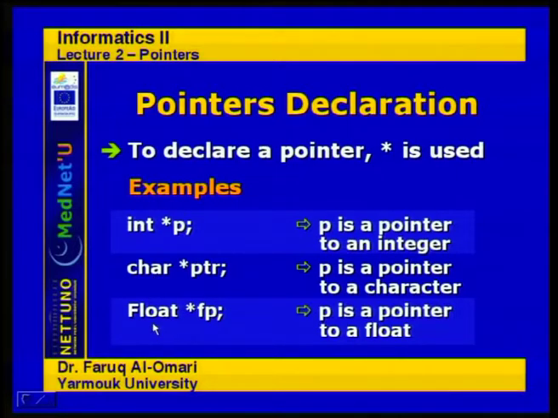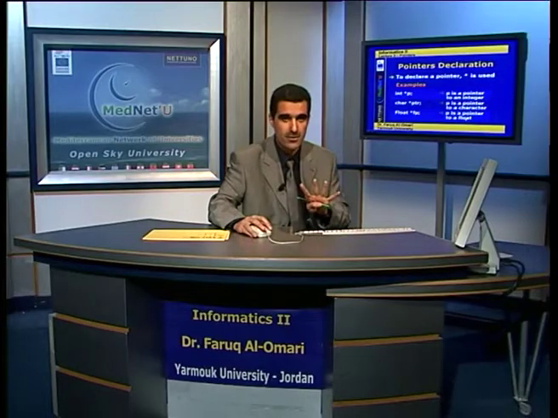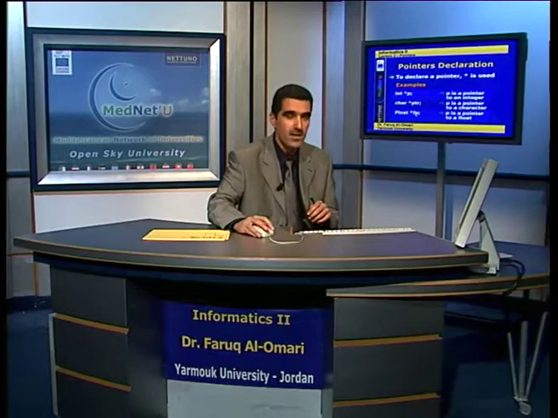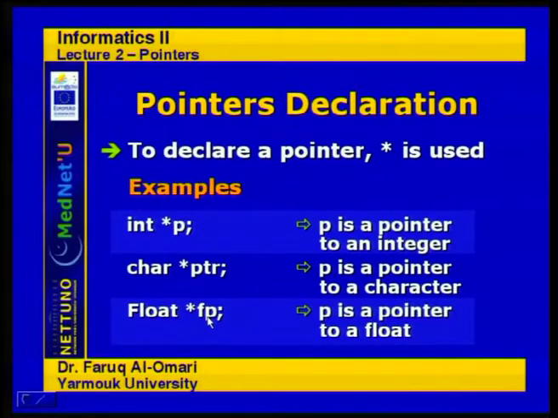This example down here, float asterisk fp, and this float, of course, has to be a small f. This is a typo here. So fp is a pointer to a floating point number, and floating point numbers in C are stored as 4 bytes. So this fp is a 4-byte pointer that points to 4 consecutive bytes in memory, and the starting address of these is stored in the fp variable.